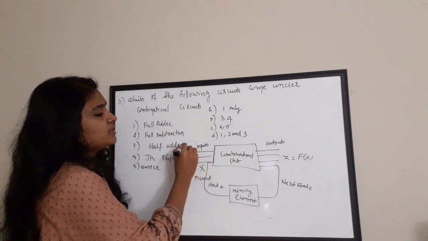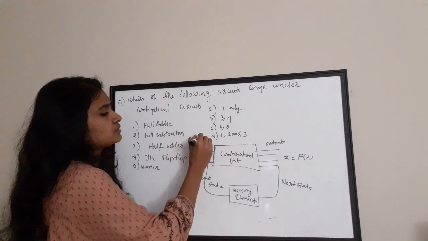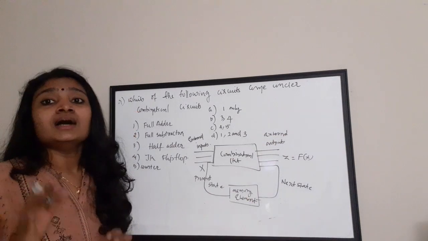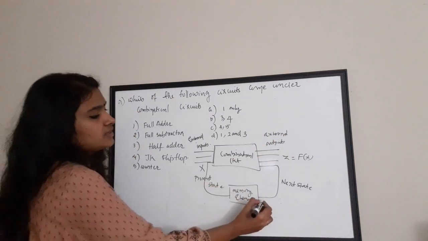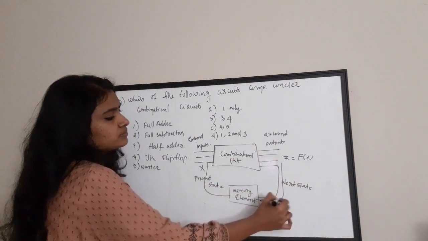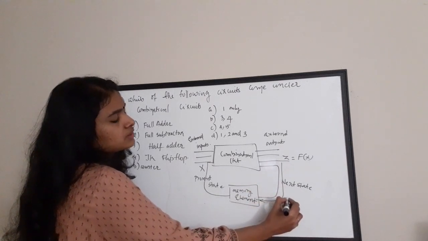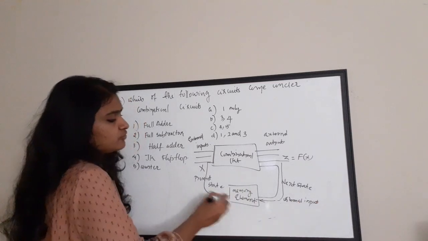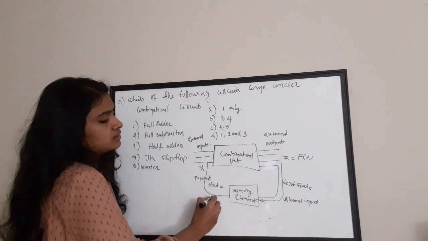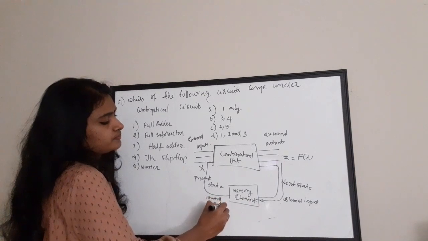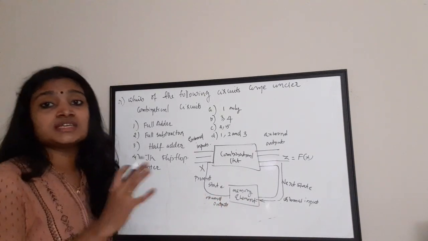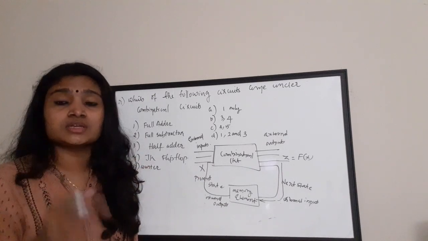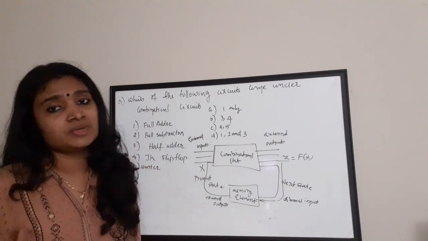So these inputs will be external inputs. These are external outputs. And the memory elements will be receiving internal inputs from this output, and from here, internal outputs. So this is the basic structure of a sequential circuit. So sequential circuits are actually a combinational circuit connected with a memory element.